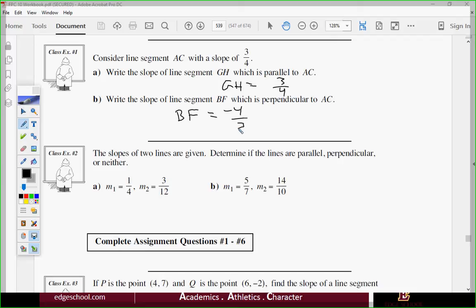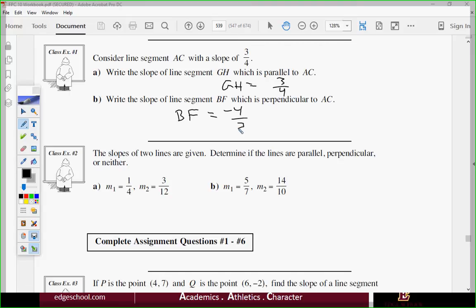All right. So example 2, they give you two slopes. They want to know, are they perpendicular, parallel, or neither? So Ollie, what do you think for A? Okay, they're not perpendicular. You can tell that because they're the same sign.